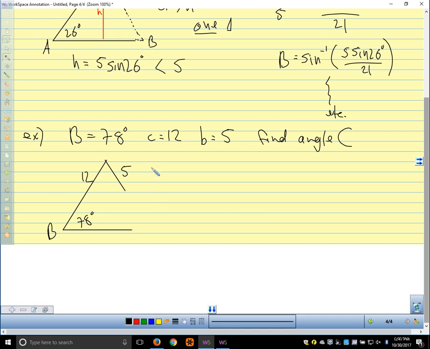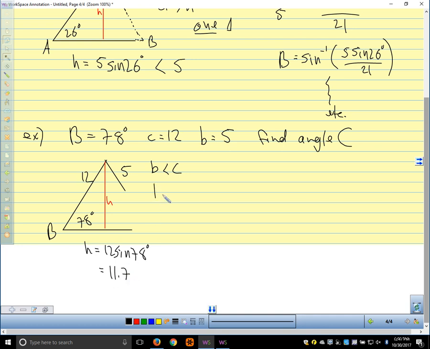So b is less than c, 5 is less than 12. Let's calculate the height. There's my height. Height is 12 sine 78, which comes out to be 11.7.